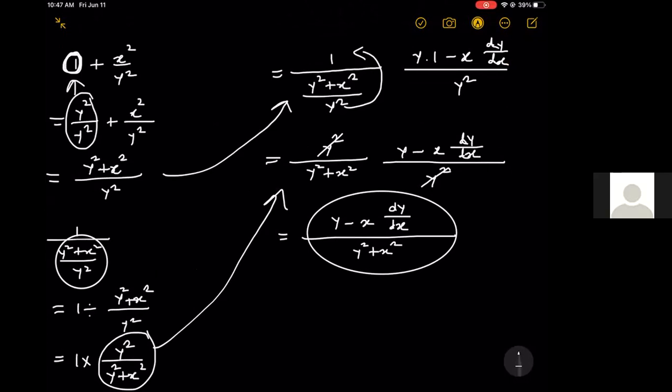Would you be able to cancel out a y on top and bottom in this case? Good question. And the answer is no, because if you want to cancel out something, you need to have that particular thing factored out, right?